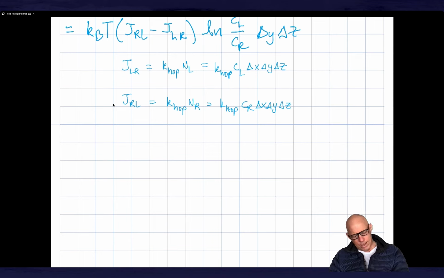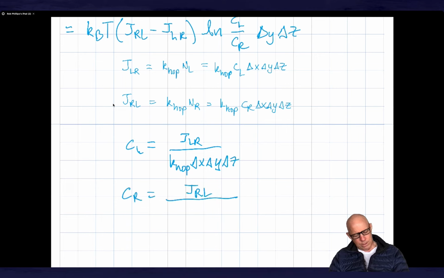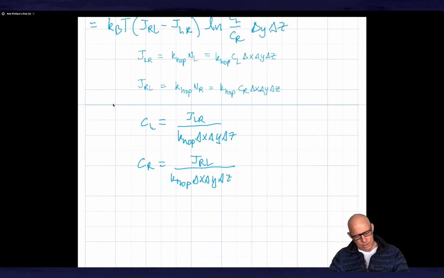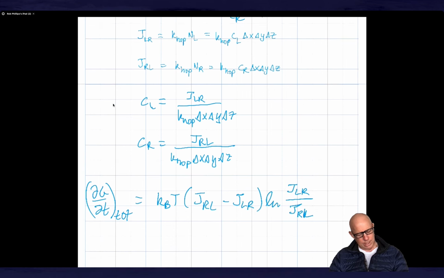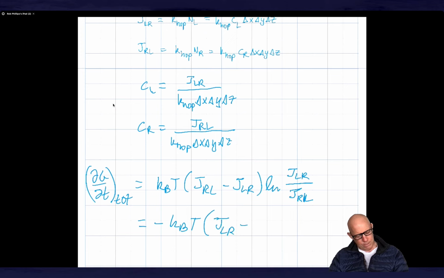I can use these to rewrite C left as J left right over K hop delta X, delta Y, delta Z, and similarly C right is equal to J right left over K hop delta X, delta Y, delta Z. Plugging those in, dG by dt total is equal to kBT times J right left minus J left right, times the log of J left right over J right left, which I can finally write as minus kBT times J left right minus J right left, times the log of J left right over J right left.